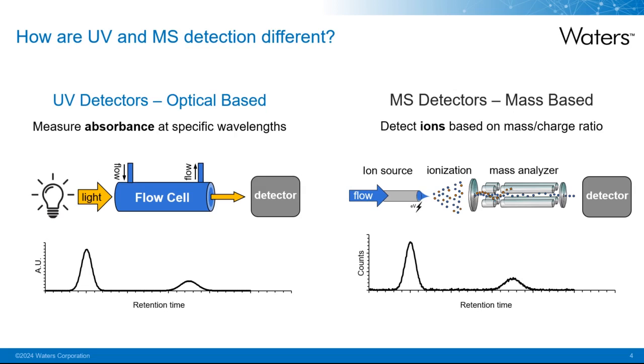A mass spectrometer, sometimes referred to as a mass detector, ionizes molecules, and these ions are separated by a mass analyzer and detected based on their mass-to-charge ratio. You can actually have a UV detector in line and then following that analysed by mass spec, so you can have the two detectors in line together.